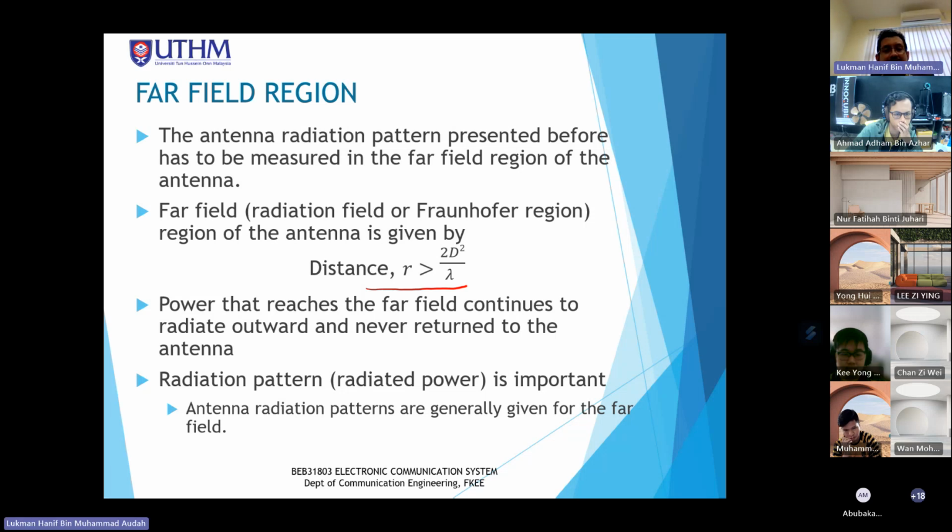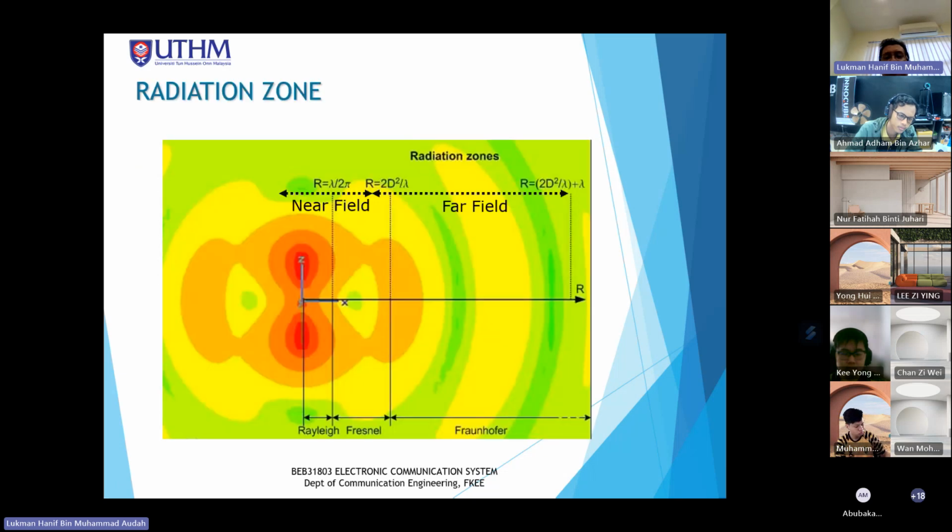So antenna power that reaches the far field region will continue to radiate outwards and never return back to the antenna. So what does it mean? If we go through this picture, you see that the antenna is at the center of this picture, and the far field region is the distance after 2d square over lambda.